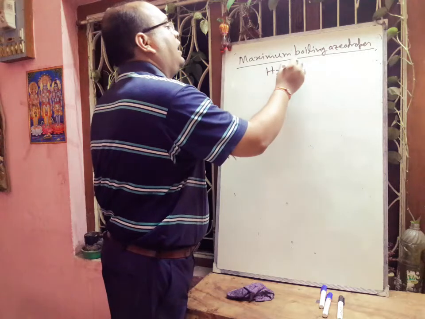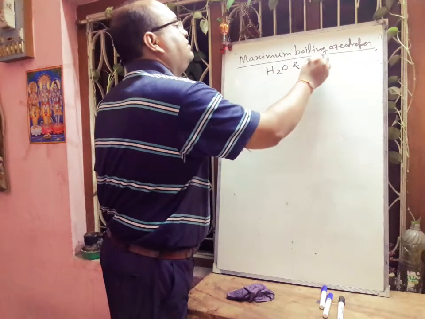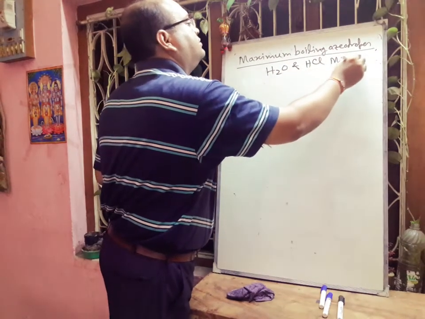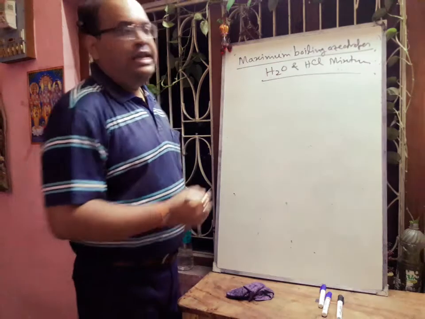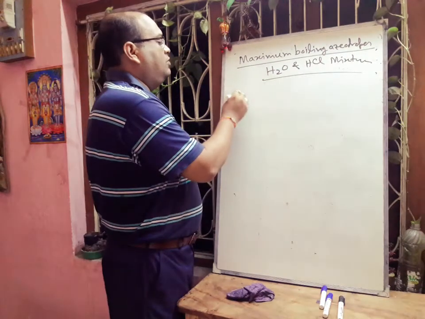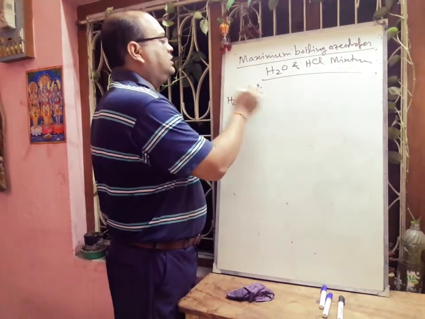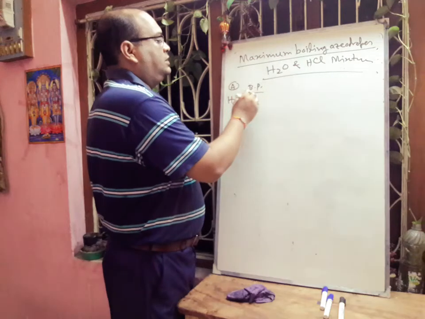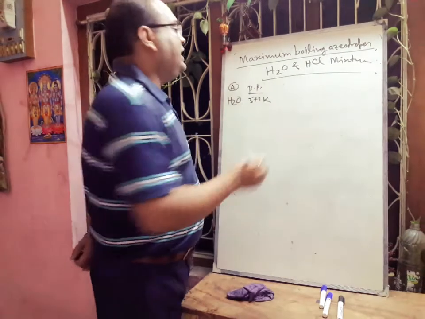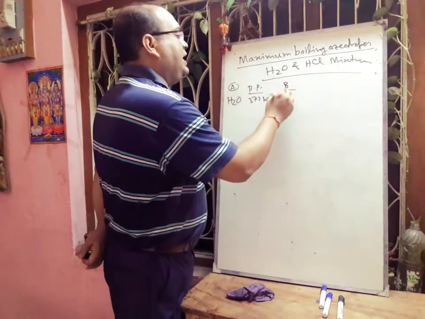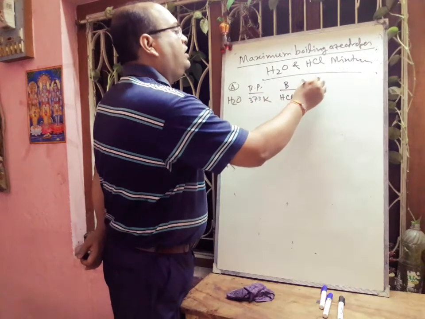Water and HCl mixture, hydrochloric acid. Now, in case of water, you know the boiling point. This is component A, 373 Kelvin. But in case of component B, that is HCl, what will be the boiling point?